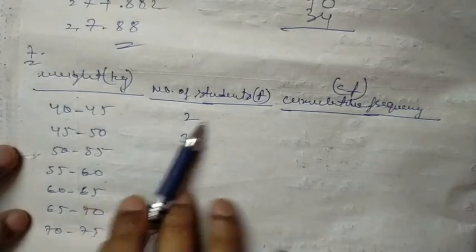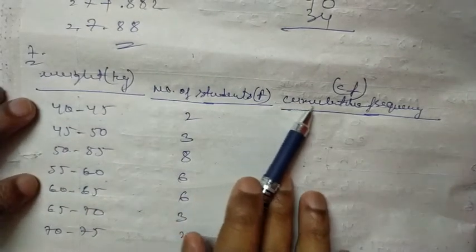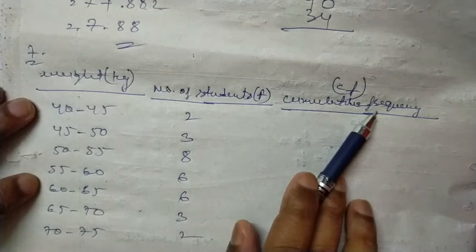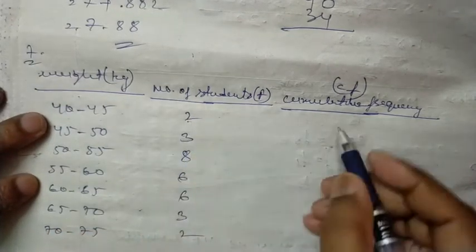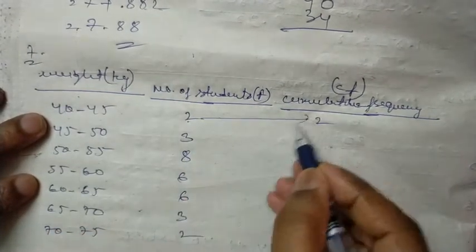First of all, we have to find the cumulative frequency for the median. So this is our frequency. We write 2 directly over here.